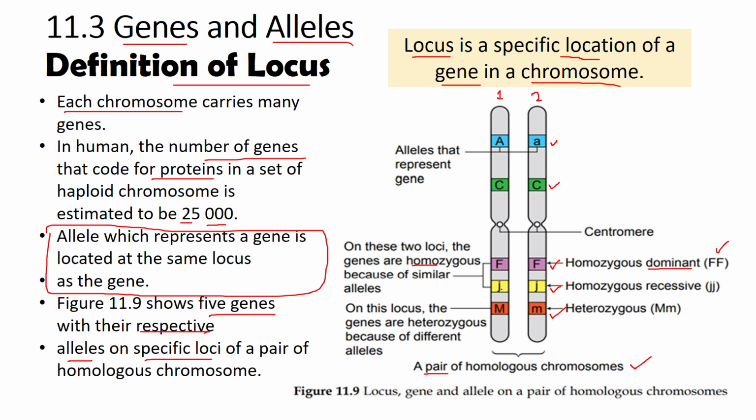For this one, it is actually a small letter j, both of them. So homozygous with small letters, so this is a recessive trait. For this M at this location, the genes are heterozygous. Hetero means different because of the different alleles.